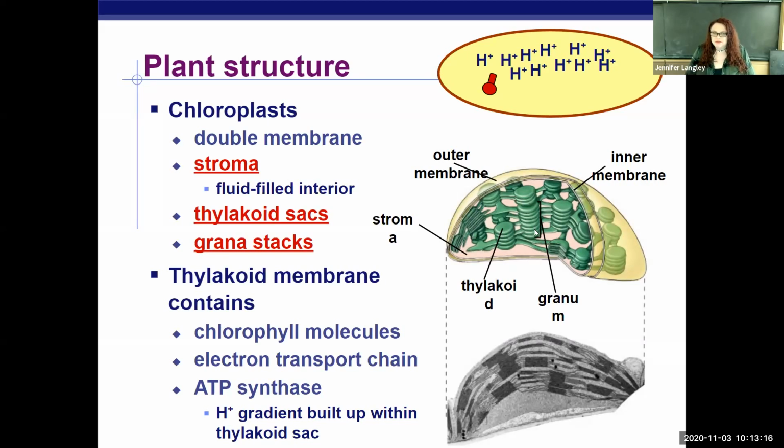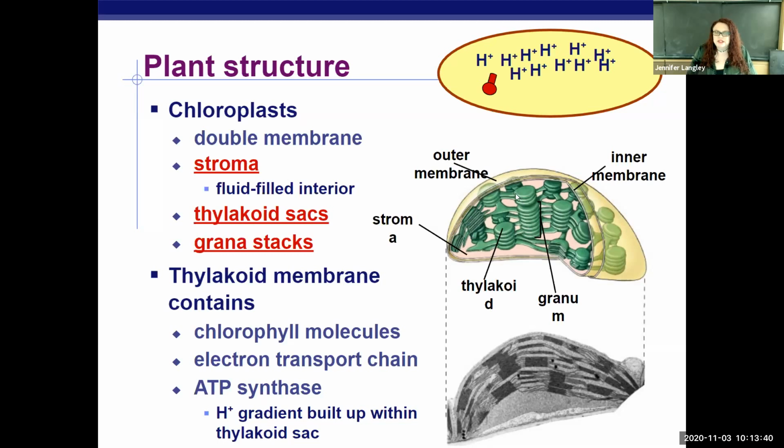And when we stack them together, we call them a stack of grana, or granum. This is a granum, these are grana. It kind of looks like poker chips stacked up. Each poker chip would be a thylakoid, and then the stack is a granum.